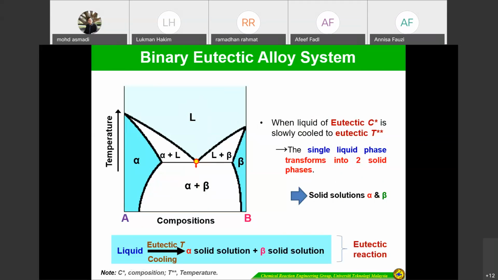We also call it a eutectic reaction or invariant reaction, because it occurs at equilibrium condition at a specific temperature and alloy composition. So this reaction we cannot vary, according to the Gibbs rule, and the degree of freedom is equal to 0. So just remember this: eutectic reaction or invariant reaction.